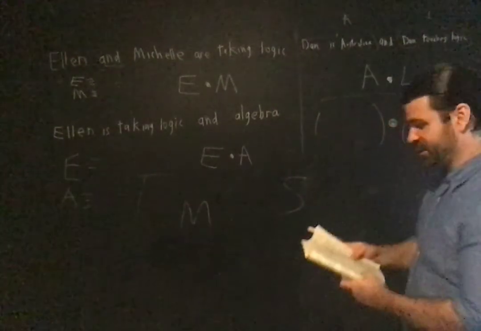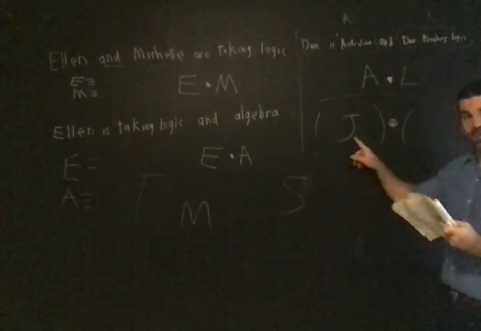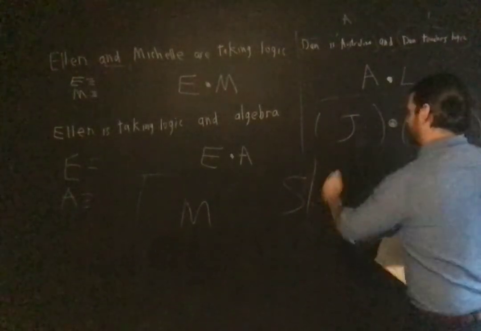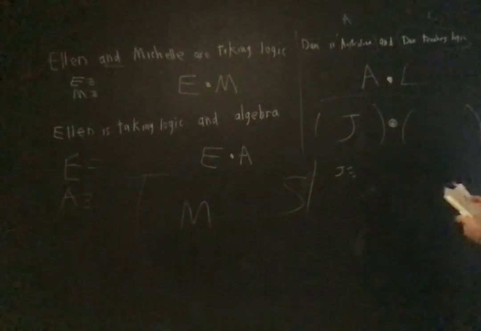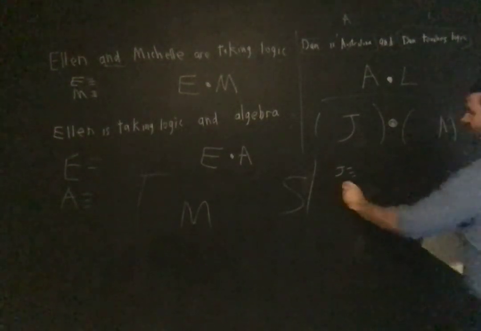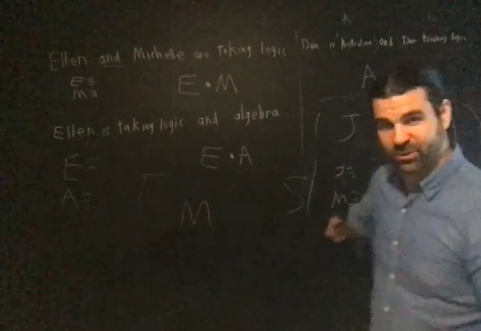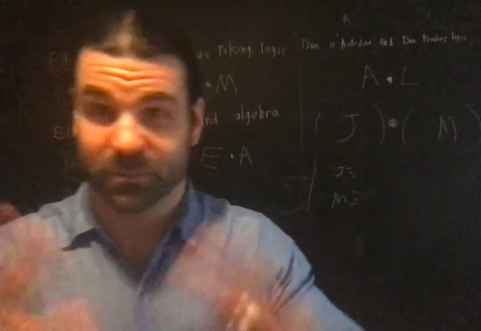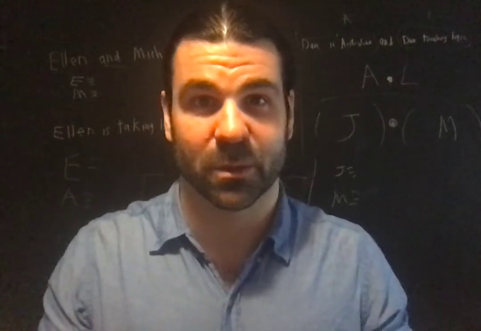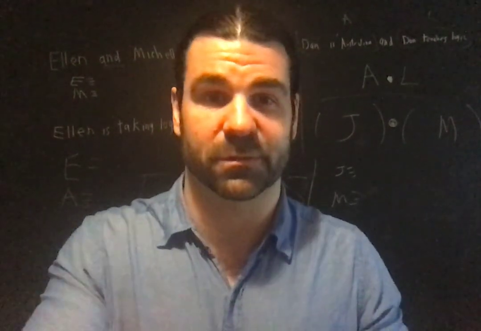So the symbolization is just J, where J equals "John went to the party because Mary was going to be there," and M, where M equals "Mary went to the party because Fred was going to be there." So the whole lesson is we treat compound sentences built from non-truth functional sentential operators as simple sentences from now on.